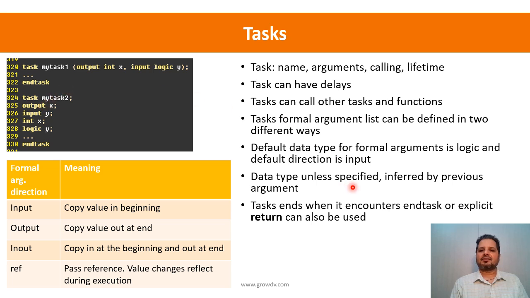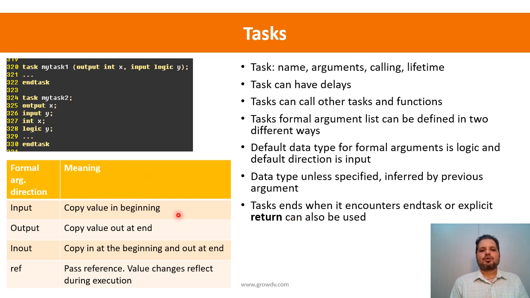So once I define one argument, and for the subsequent arguments I don't specify the type, it will take the type of the previous argument. And a task ends when it encounters an endtask, or you can also add a return. You can't return a value, but you can just add a return and semicolon without any value, and that will exit the task context, right?